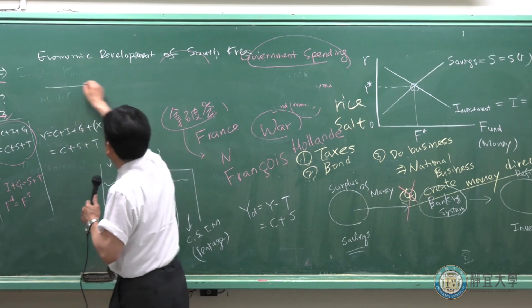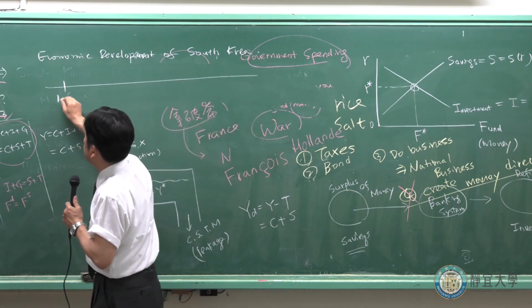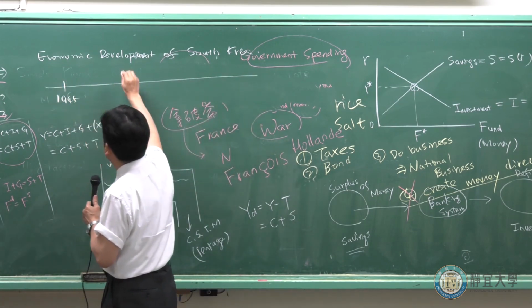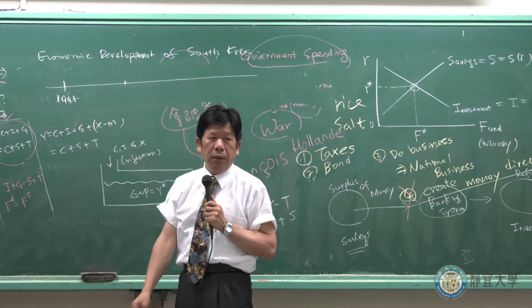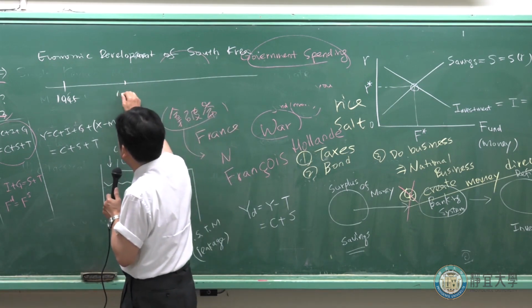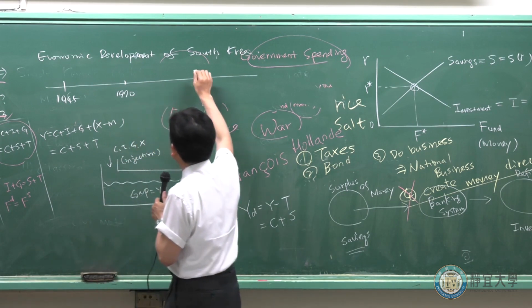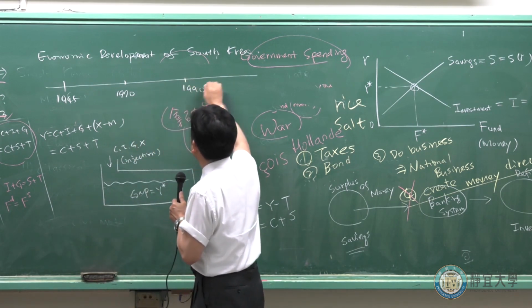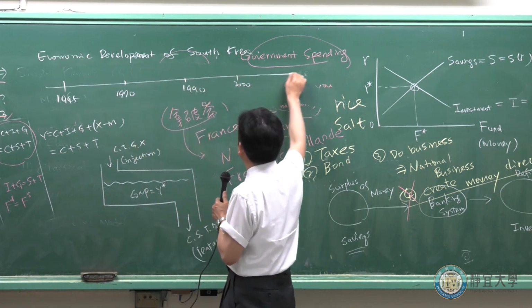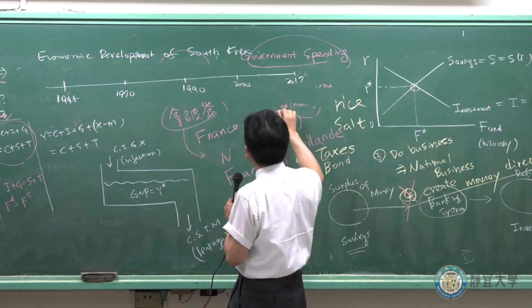For example, you can look from 1945 to maybe 1970, or 1990, or 2000, or until now.